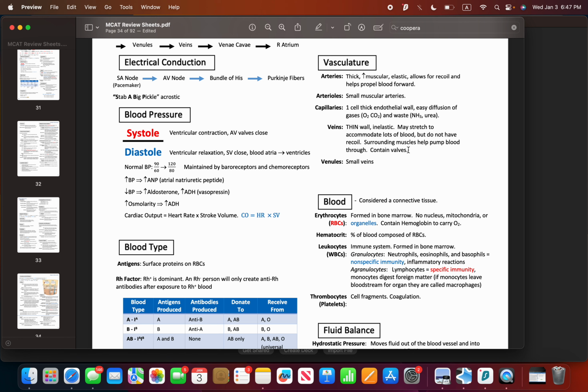Something interesting about the veins that I learned in my phlebotomy course is that elderly people have very pronounced veins, and the veins are not stretchable anymore like they used to be.